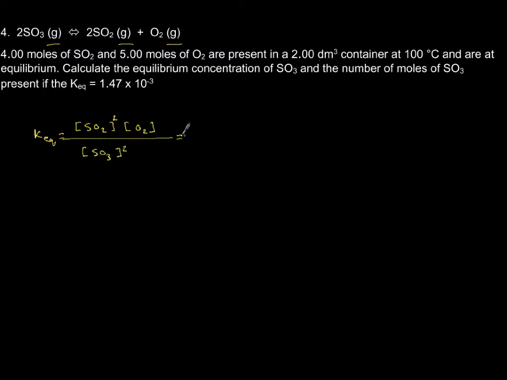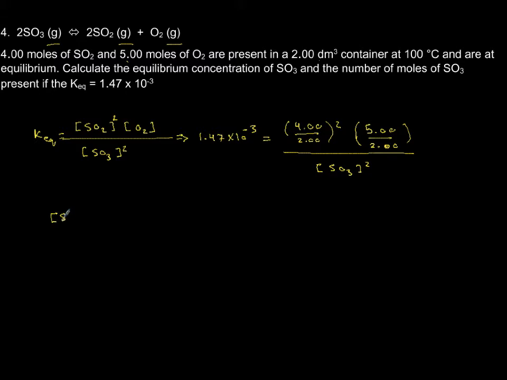K equilibrium is given to us, which is 1.47 times 10 to minus 3, and is equal to sulfur dioxide, 4 moles over the 2 decimeter cube container, so it's 4 divided by 2 squared, times concentration of oxygen, 5 divided by 2, no exponent, divided by the concentration of the reactant that they're looking for, so it's SO3 squared.